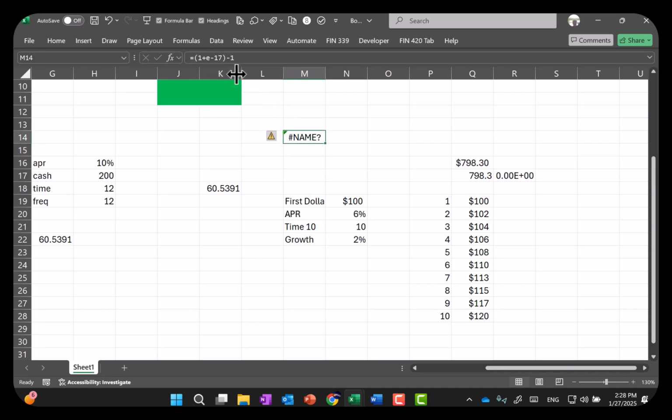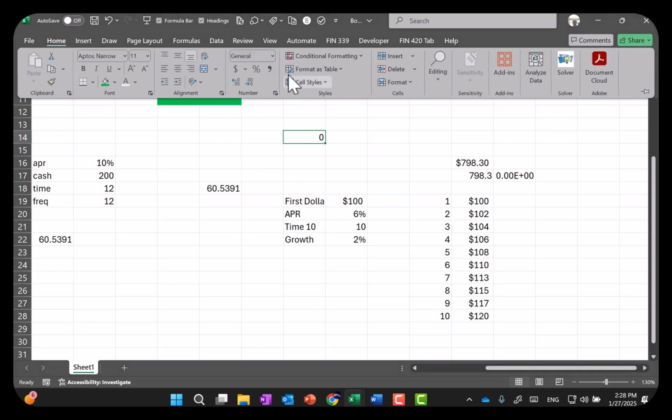So it says 0, even in scientific notation. But if I did that for 10 to the negative 13, it does not say 0. Okay? Why? Because machine epsilon is something like 10 to the negative 15.